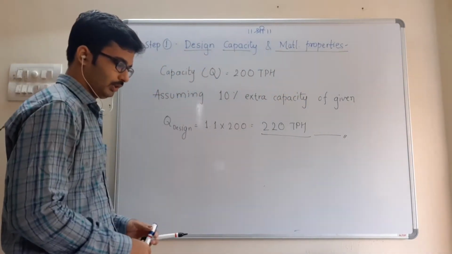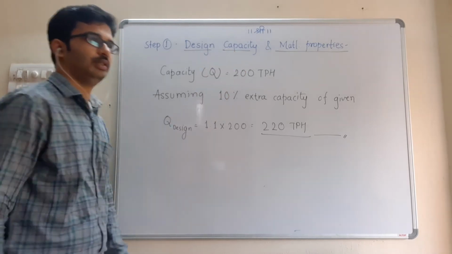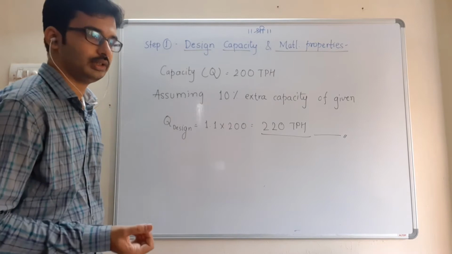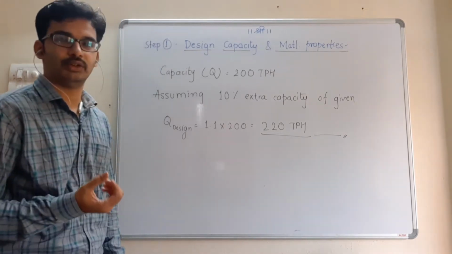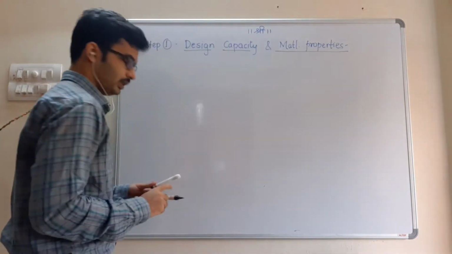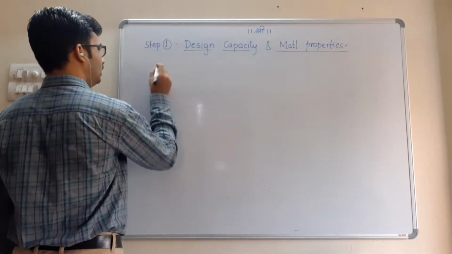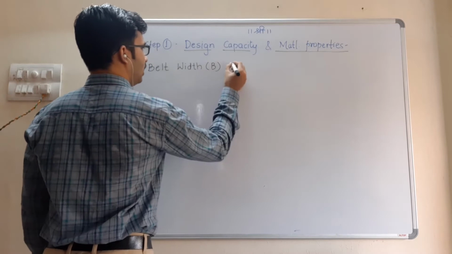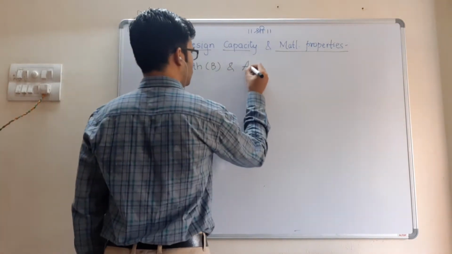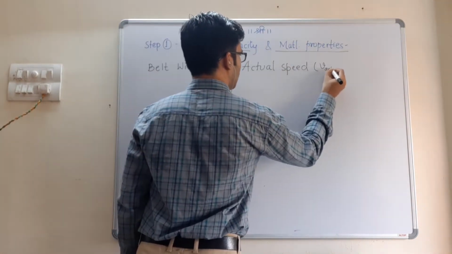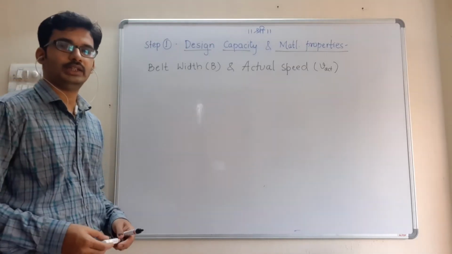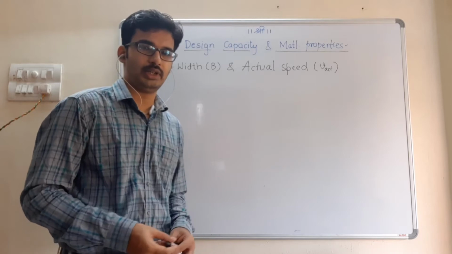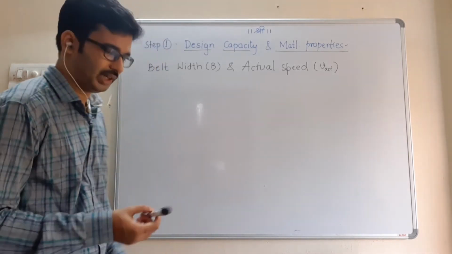Then we will go for the material properties. Now in material properties, what are the factors we have to design? That is width, then speed of the belt. So we will start with the belt width and actual speed, belt width denoted by B, and actual speed small v actual. Now in belts, for graded material and for ungraded material, we have certain empirical relations.